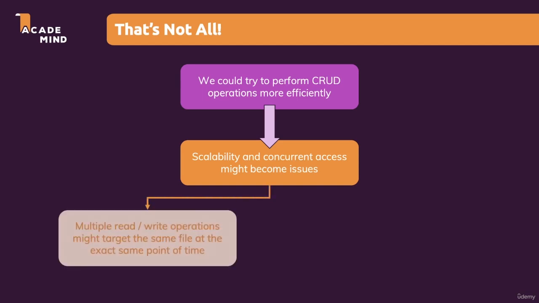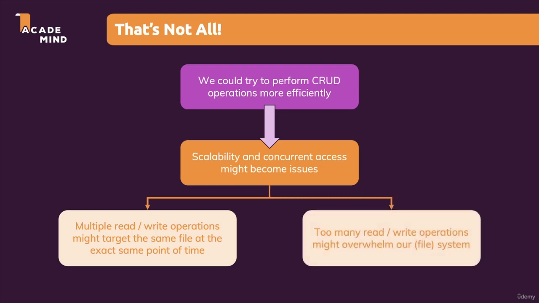So we could have multiple read and or write operations targeting the same file at the exact same point of time, and that could cause us big issues where reading or writing fails, or we accidentally overwrite data from another request because we have two requests coming in at the same point of time.